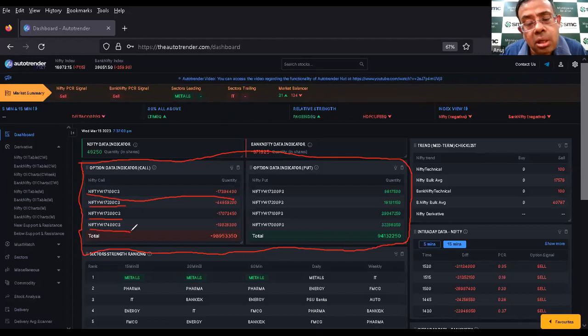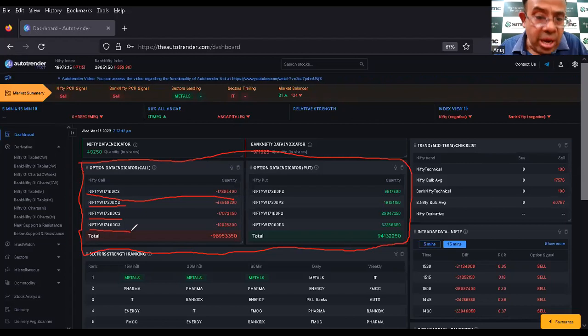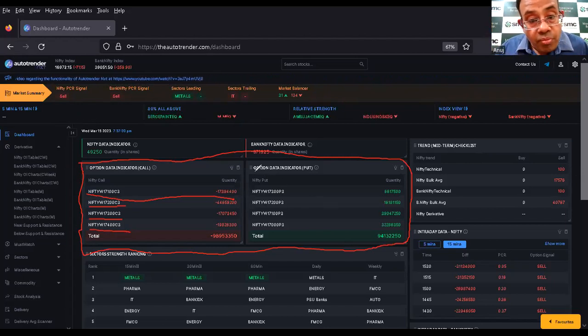We will discuss these things when we take up today's trade and analysis. What was there in today's data and how we identified that we want to go that way. So we'll come to that later on. Similarly, if you can see that on the put side, there was a lot of money flow.